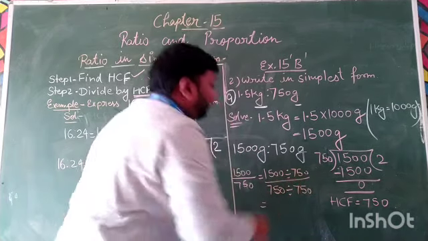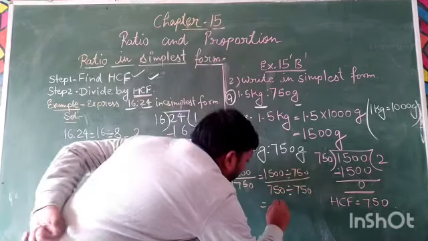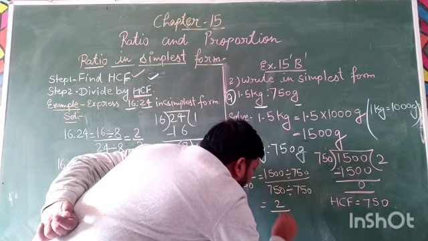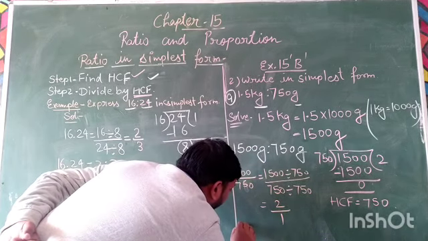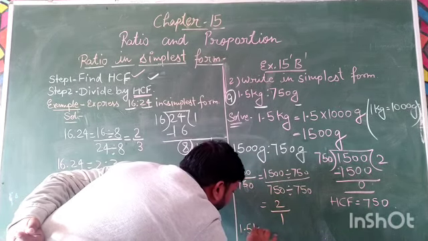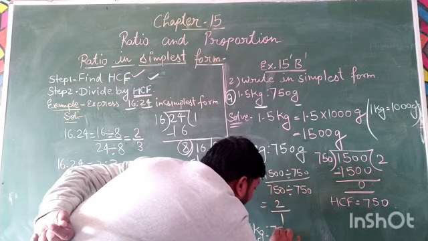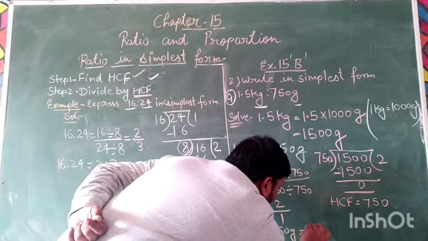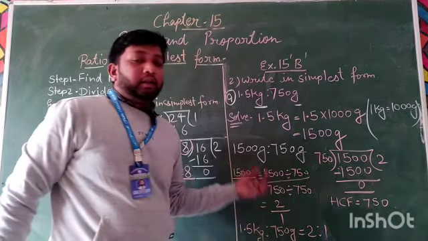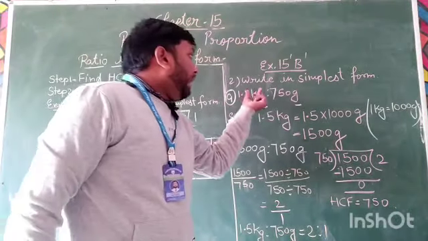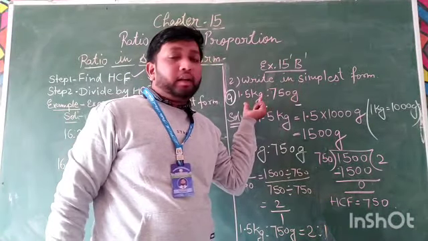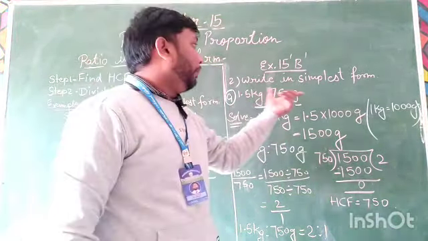If we divide 1500 by 750, we get 2 and here we get 1. So we can write 1.5 kilogram to 750 gram is equal to 2 to 1. This is how we write the given ratio in its simplest form.